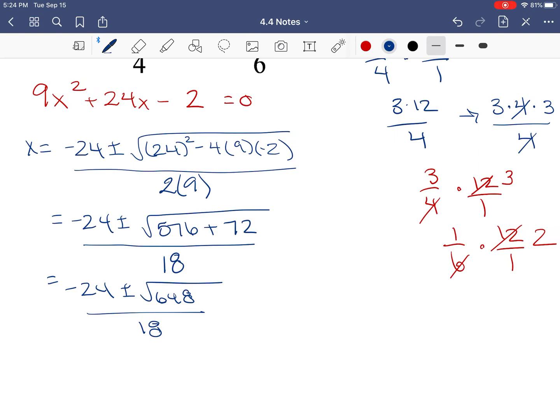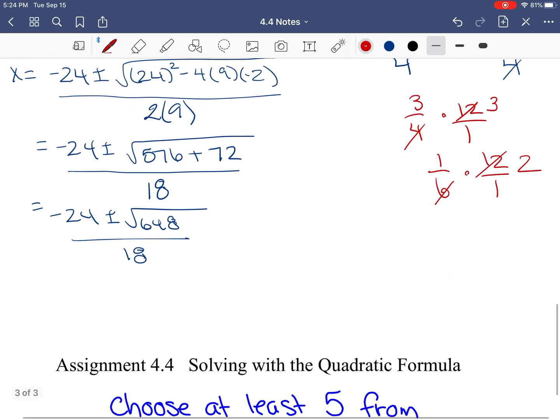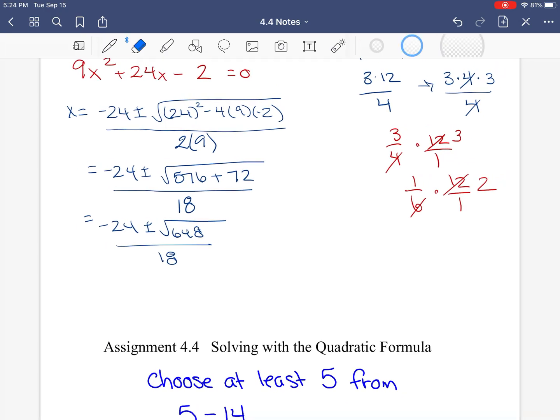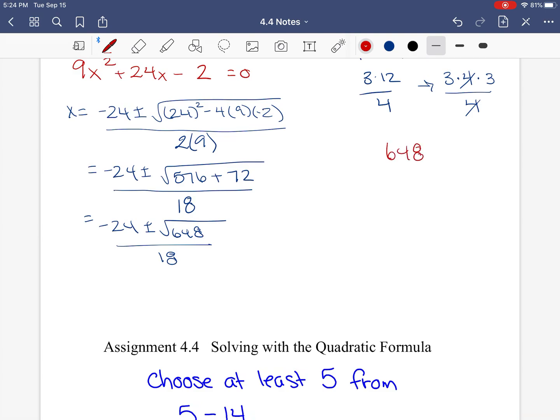I might check right away, is 648 a perfect square? I don't think it is, and it sure is not. So a couple ways. You can either look for the greatest perfect square that's a common factor. If you don't want to necessarily do a bunch of guessing and checking, we could break this down. So 648 is going to be 2 and 324.